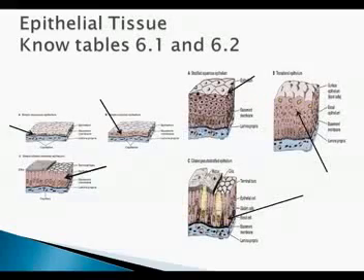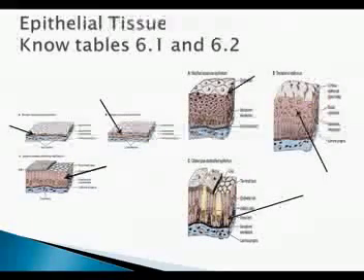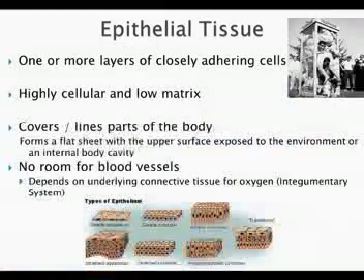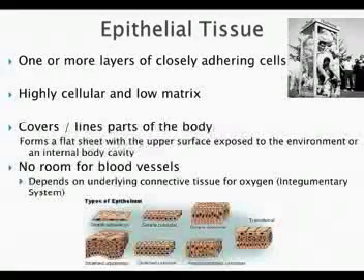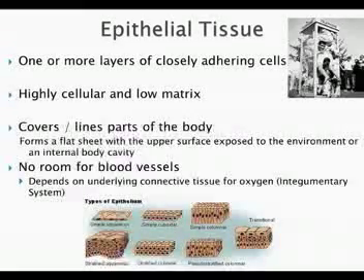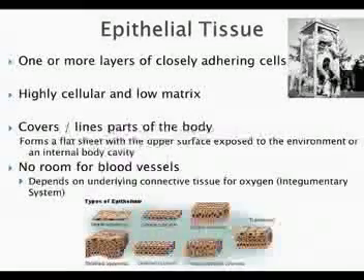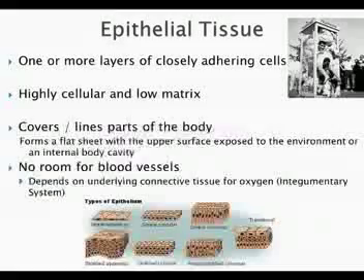Okay, so as we get into epithelial tissues, you should know tables 6.1 and 6.2. And really, what that's detailing is just basic shapes and organization of epithelial tissue. The way to think about it is that epithelial tissue is what we describe as being highly cellular, or having a high cell to matrix ratio.